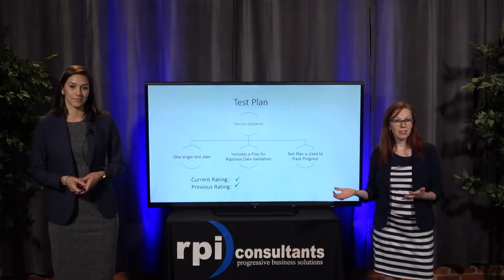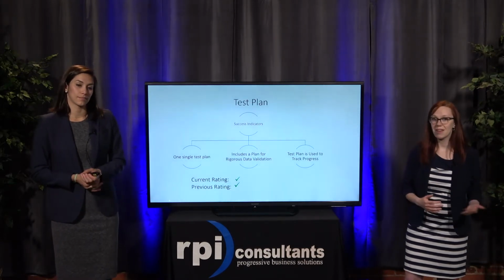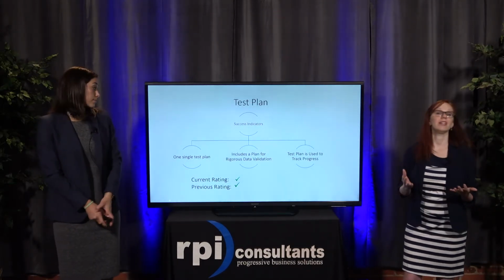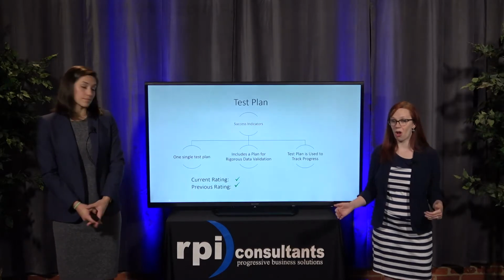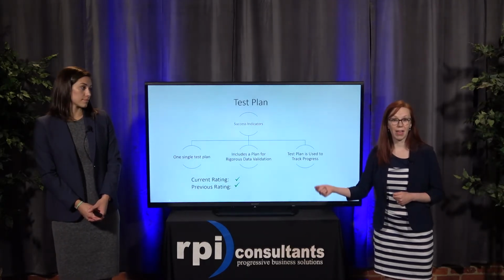Along the lines of the training plan, it's also really crucial to have a good test plan. Your test plan is developed very early on as well and used to track progress as you're going through your testing phases.